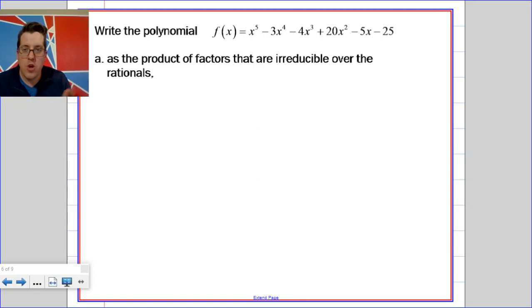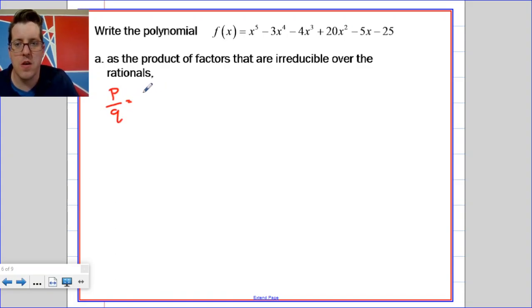Okay, so we have no information about this other than the fact that it has all real coefficients and it ends with a -25 and it starts with a 1. So when that happens, you have to start with your p's over q's, or the rational root theorem.